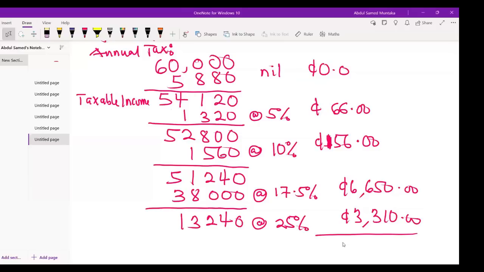That will give you 10,182 cedis. This is how much this person, Christabel, is going to pay as an annual tax.